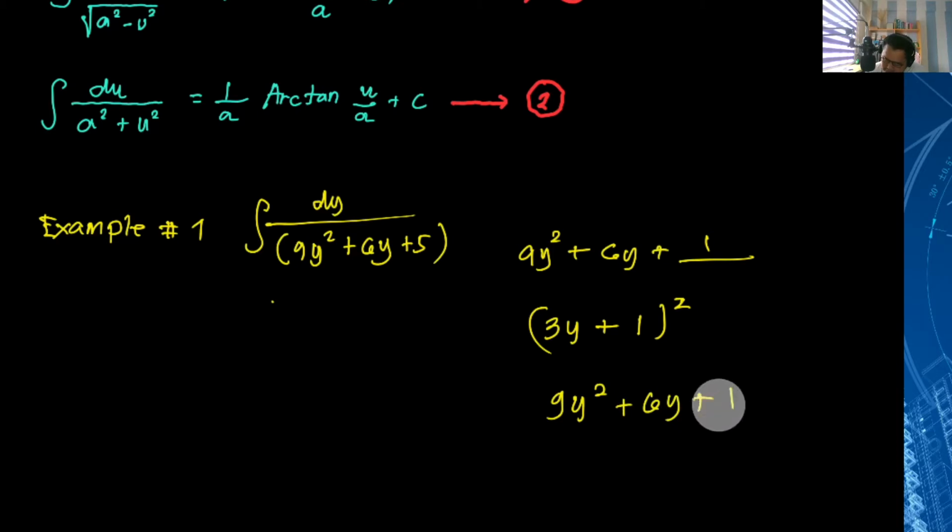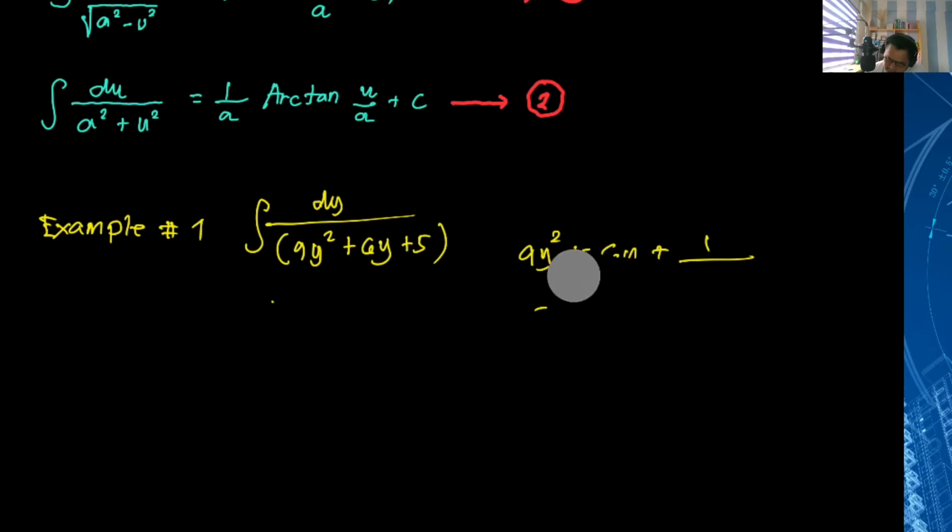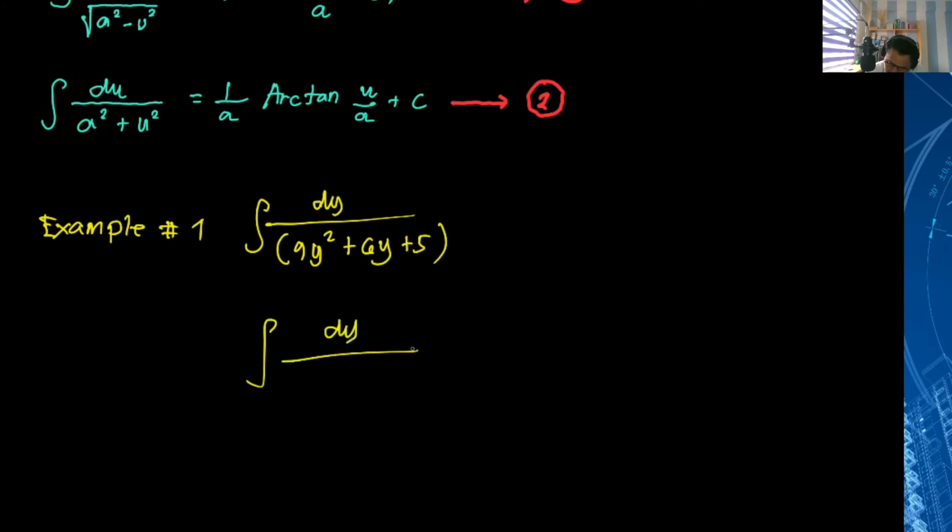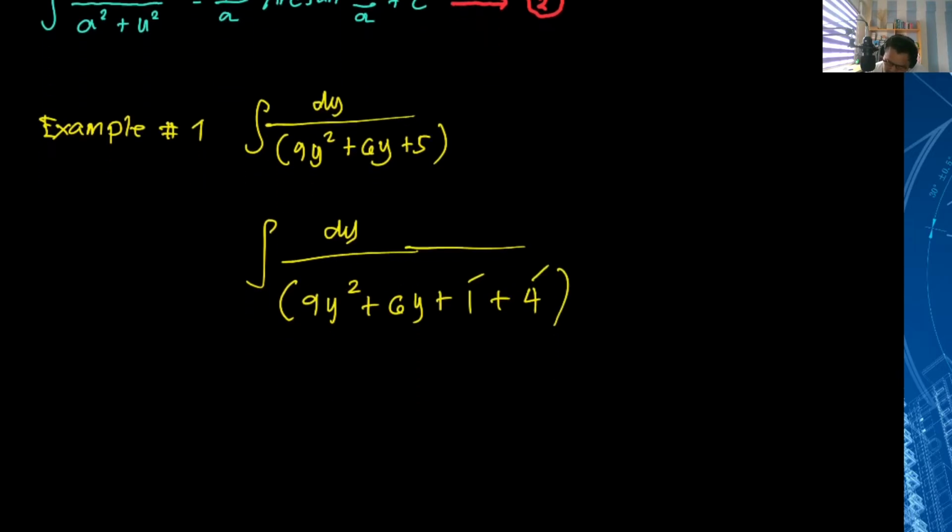So this is now a perfect square. But we have 5 here, so the remaining is 4, so that 1 plus 4 equals 5.